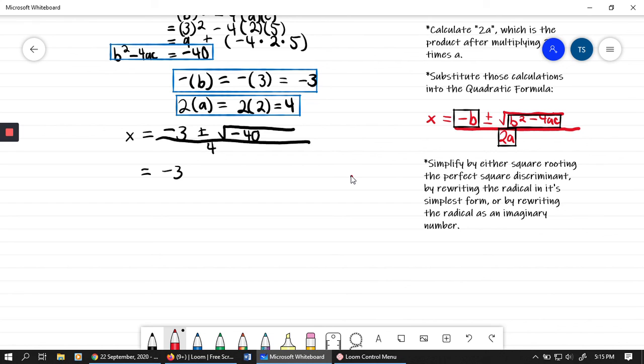Because the square root of negative 1 is the basic imaginary unit, i, we can rewrite this as i times the square root of 40. So this is negative 3 plus or minus i times the square root of 40, all over 4.